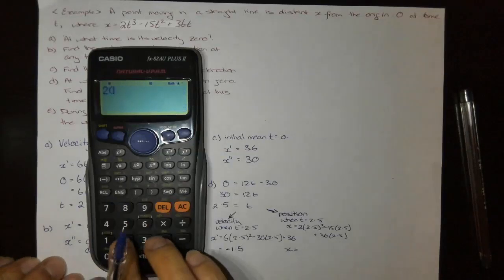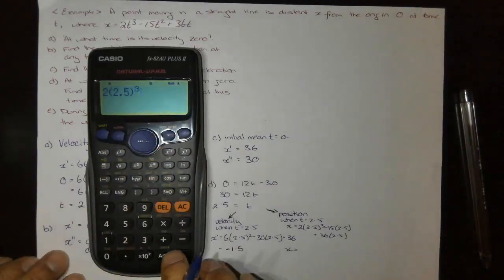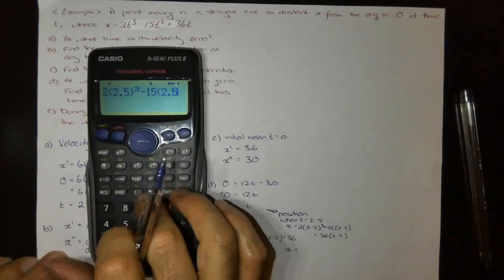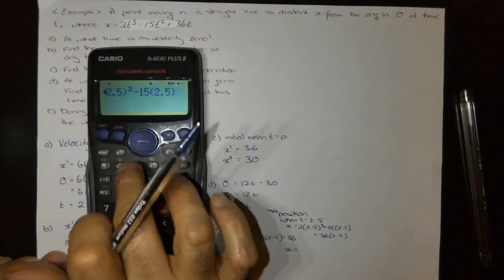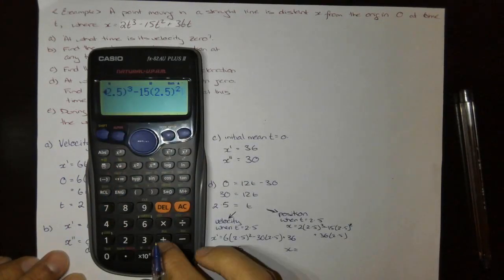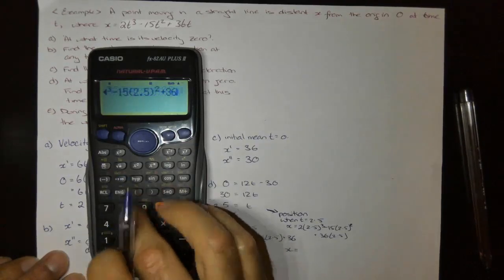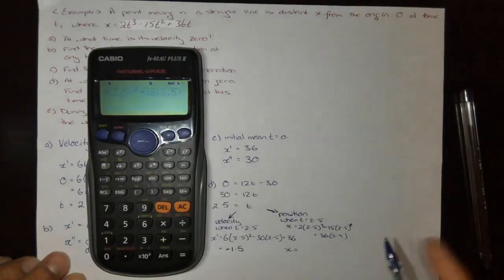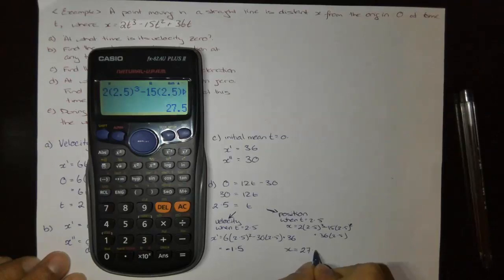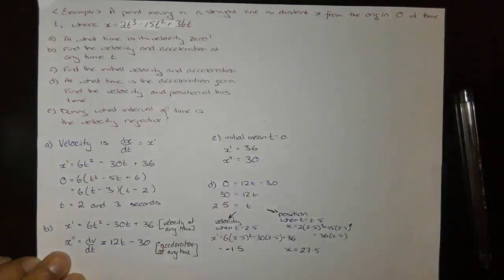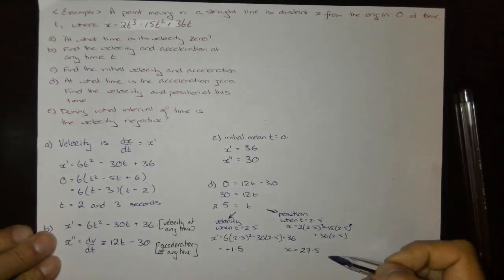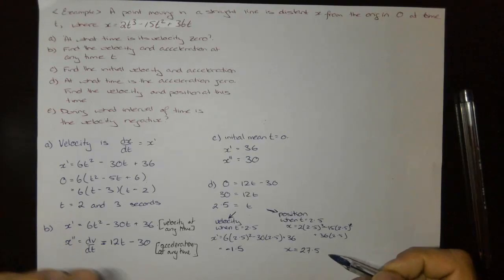So 2 lots of 2.5 cubed minus 15 lots of 2.5 squared plus 36 lots of 2.5, so 27.5 units. So its position is 27.5. The rate of change of displacement was negative 1.5, and that's when acceleration is 0.